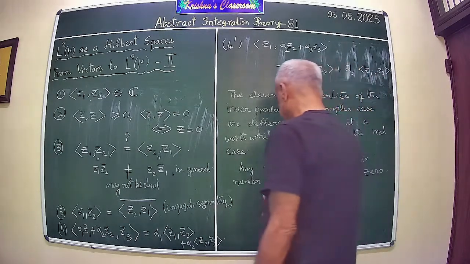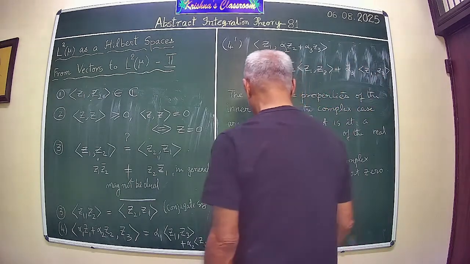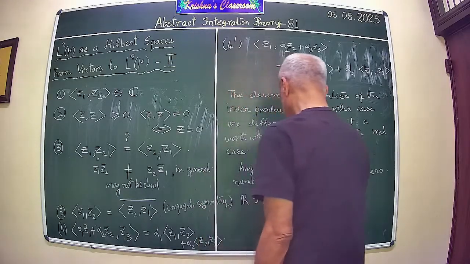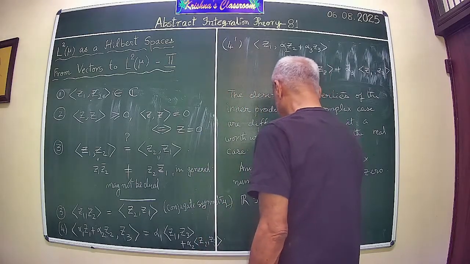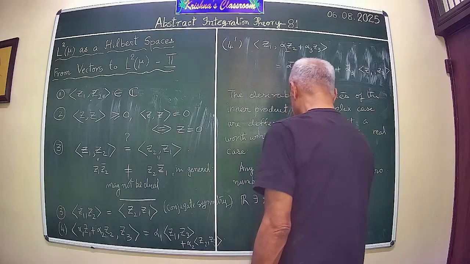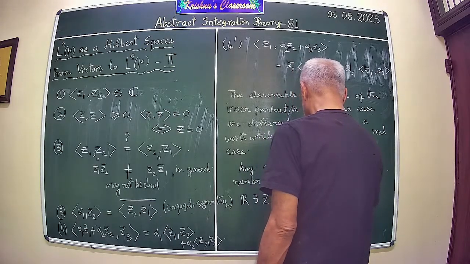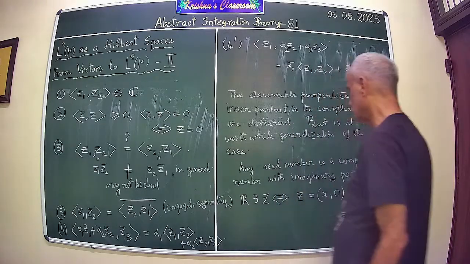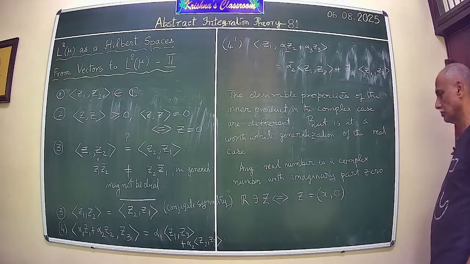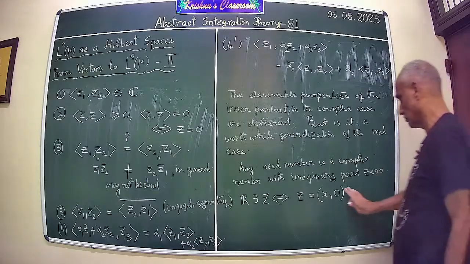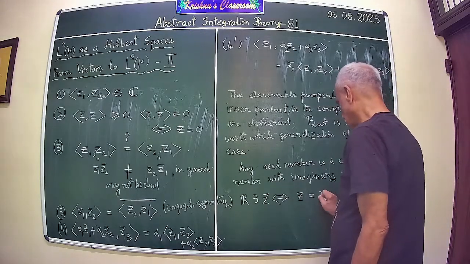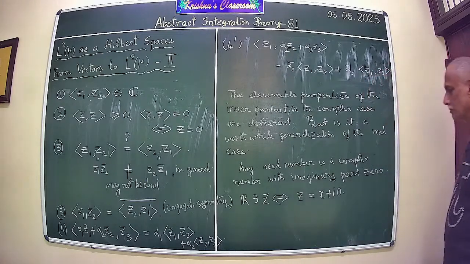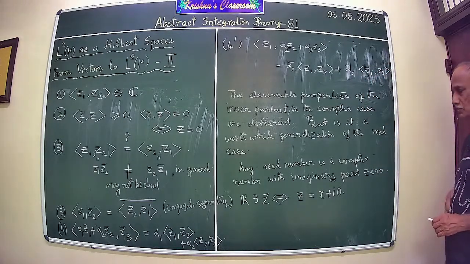That is, Z is real if and only if Z is X plus I0. Okay.